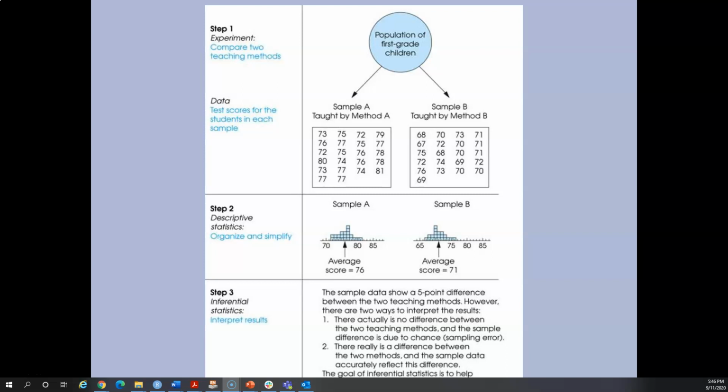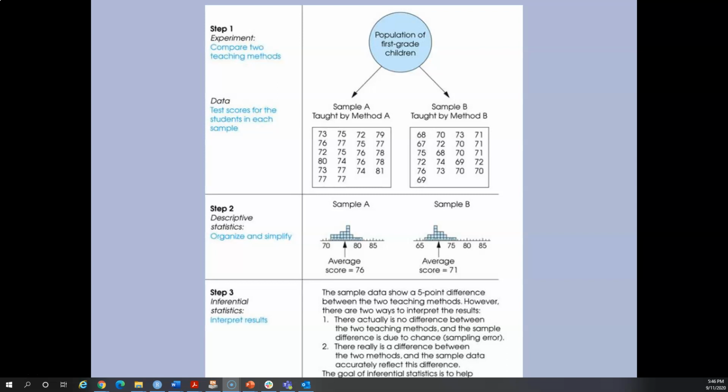In this example, you are looking at a population of first graders. You have two samples of first graders: sample A taught by teaching method A and sample B taught by teaching method B. The sample sizes are not exactly the same, they are slightly different, but comparable.